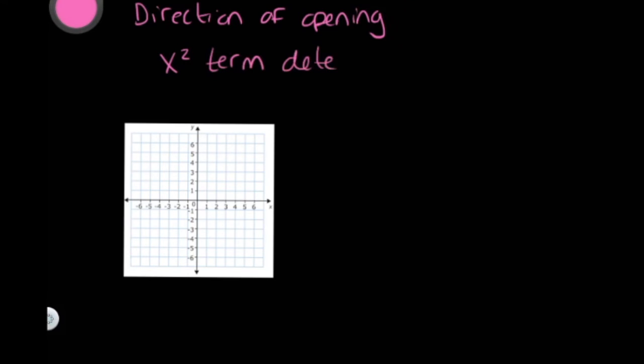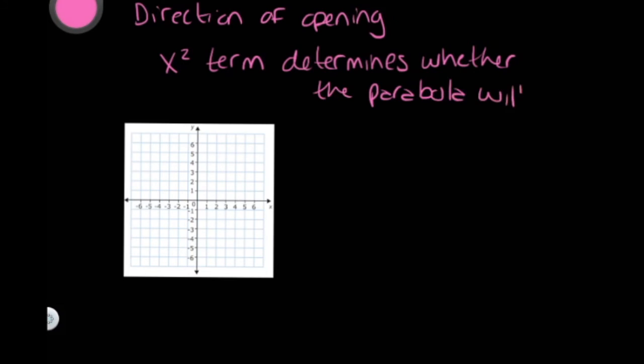It determines whether the curve for the parabola will open up or down.